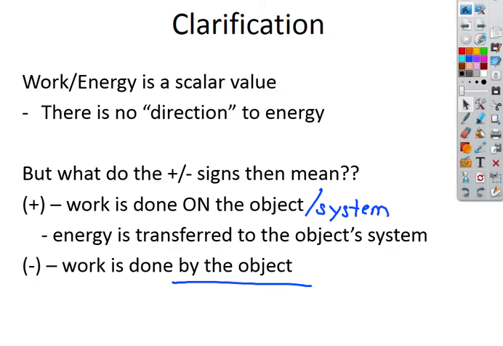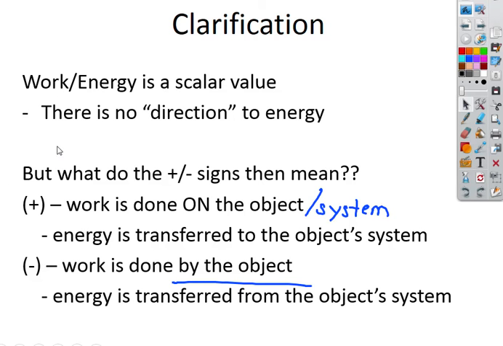So sometimes we like to clarify this a little bit more and say that energy is being transferred from the system. That frictional force between the box and the ground, the box doing work on the ground, is transferring that energy to the ground itself. It's coming from the box, and that's why it slows down eventually.